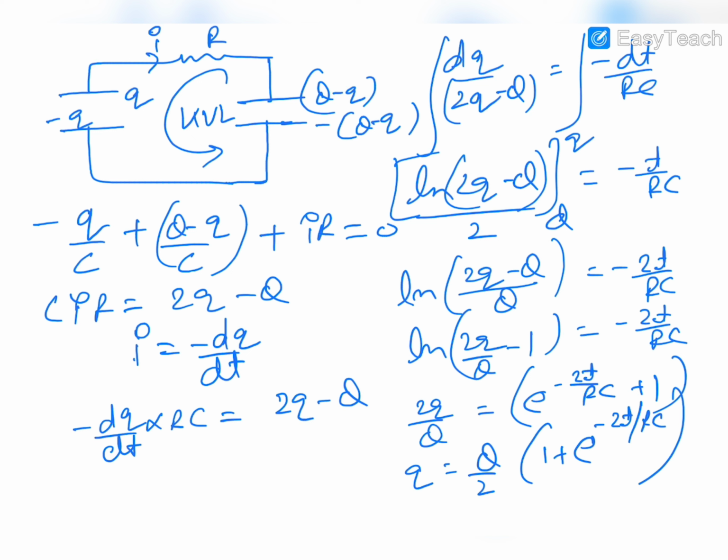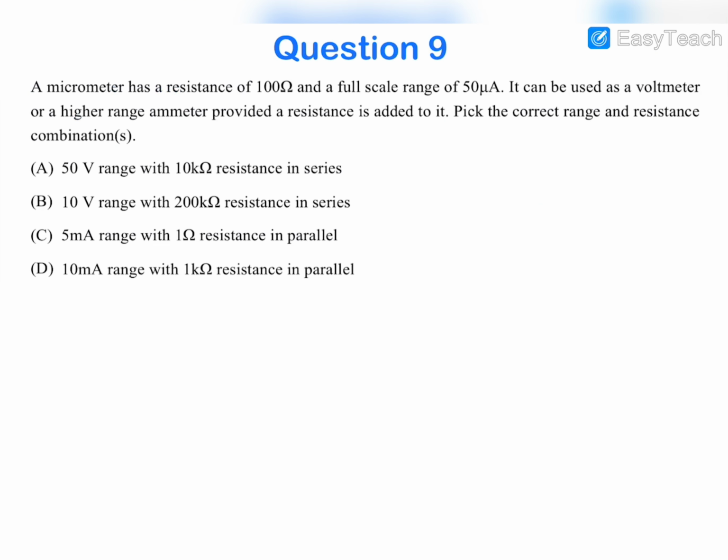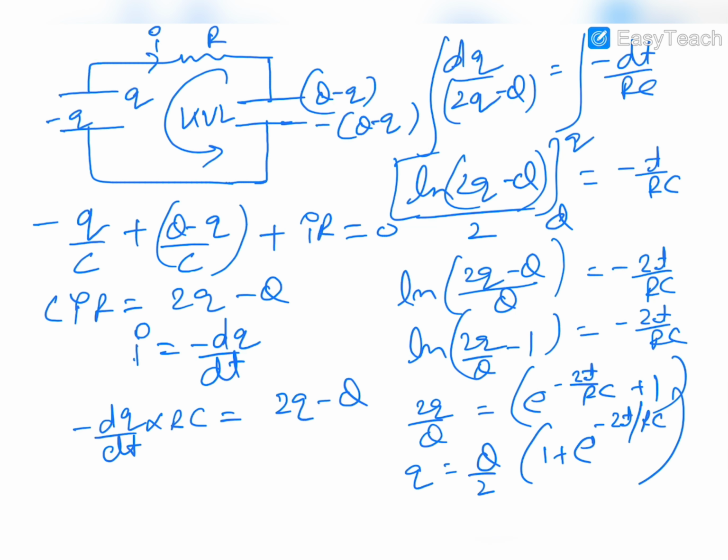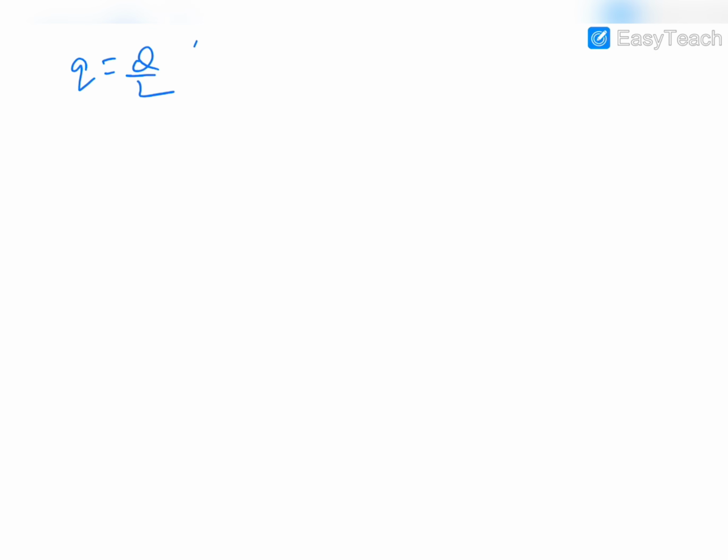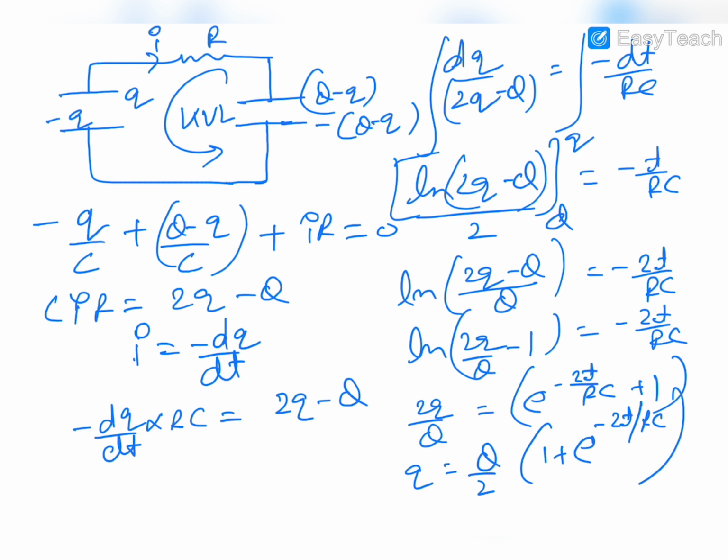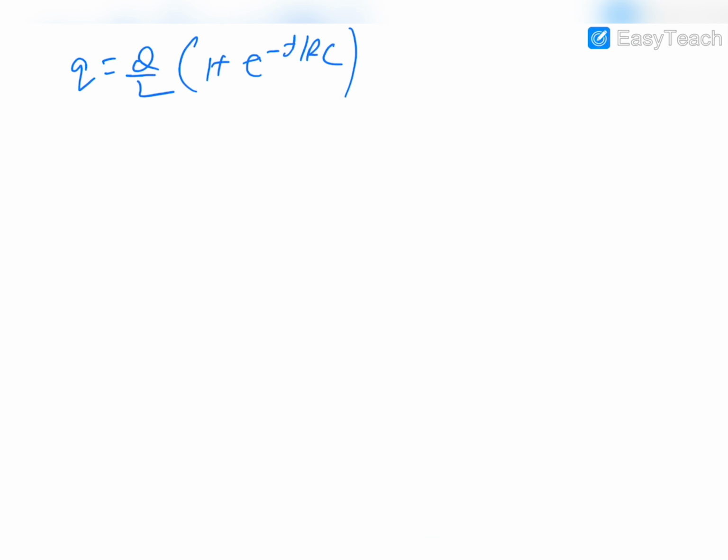You can check that initially. Now q is equal to Q by 2, and this is 1 plus e to the power minus t by RC. Okay. Now you can see that at t is equal to 0, let us verify the answer.